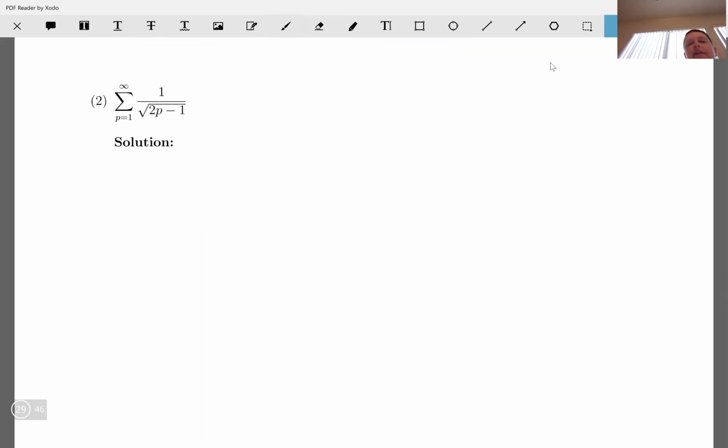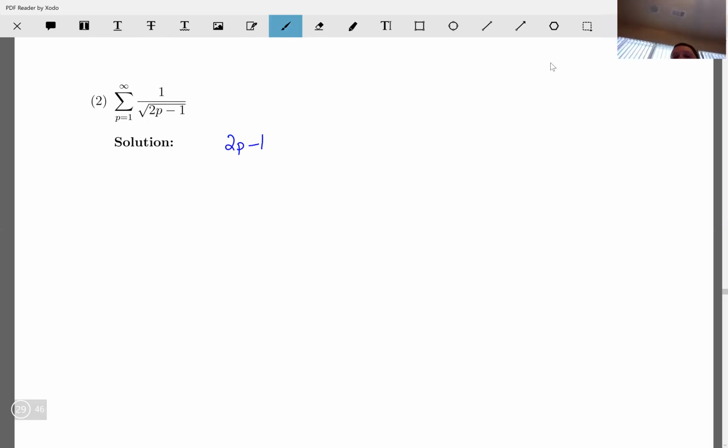All right, second example. I'm going to take this one slowly. Does everyone agree that 2p minus 1 is less than or equal to 2 times p?